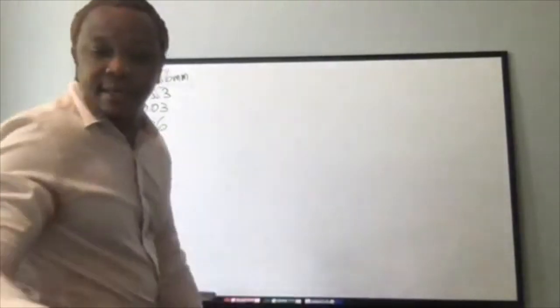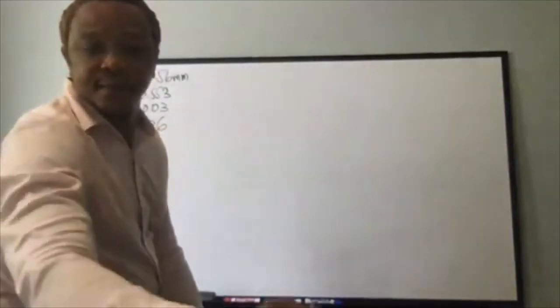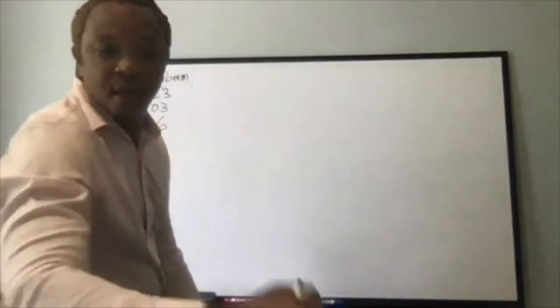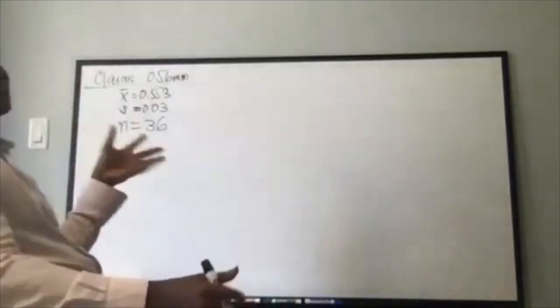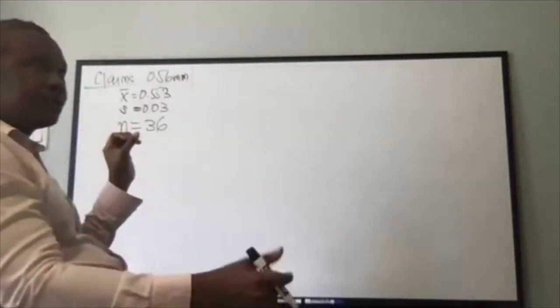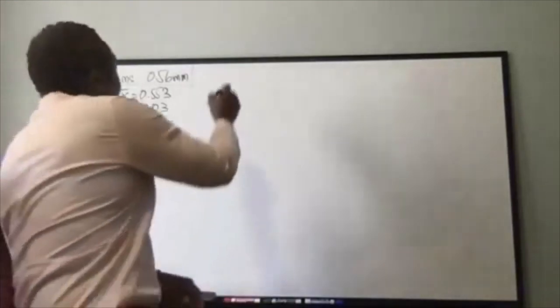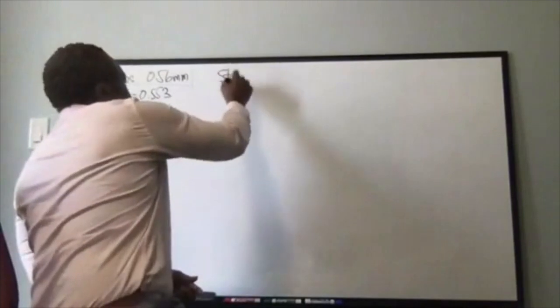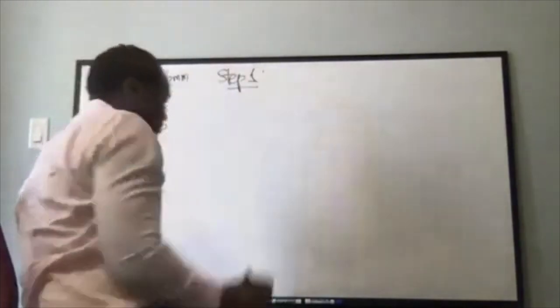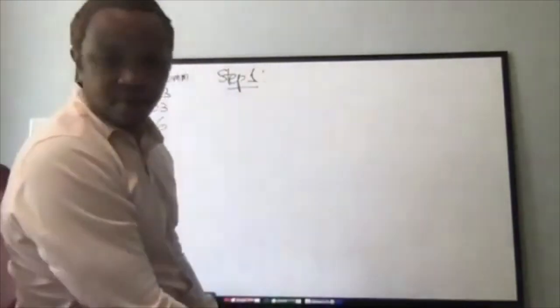So let's say, okay, and so essentially when you do hypothesis testing, you're pretty much testing H sub 0 versus H sub 1. So I'm going to say step 1. Now we're officially solving the problem.